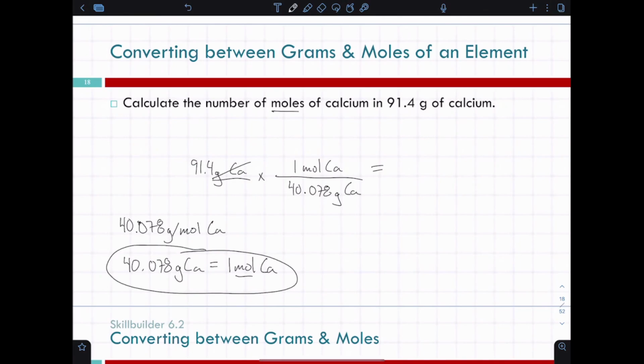Because our grams of calcium cancels out, we're left with just moles of calcium. We don't need to do any more calculations. So 91.4 divided by 40.078 is 2.28 moles calcium, and that's with the correct sig figs.